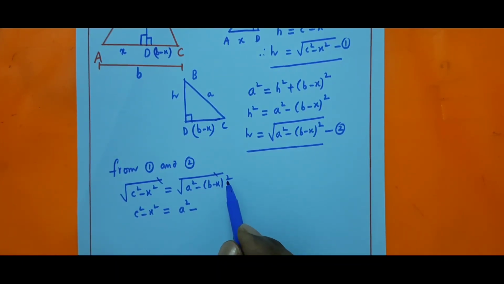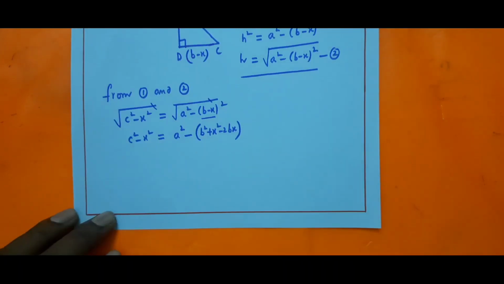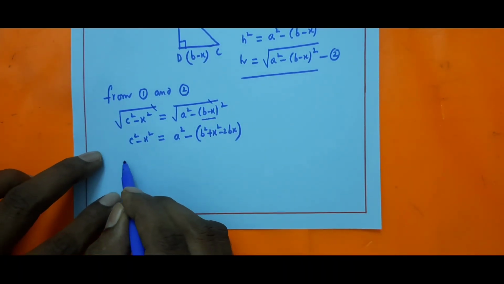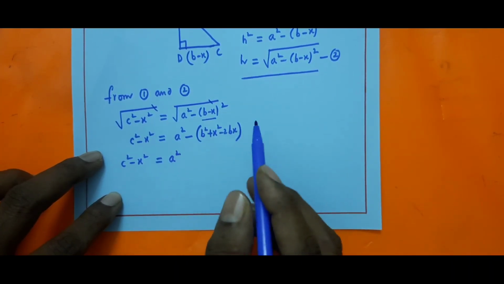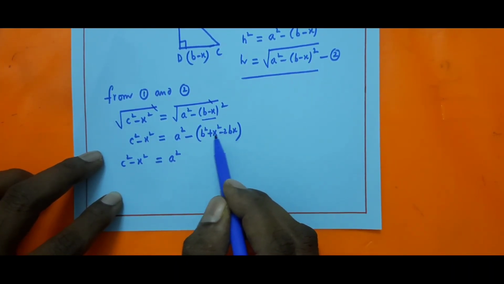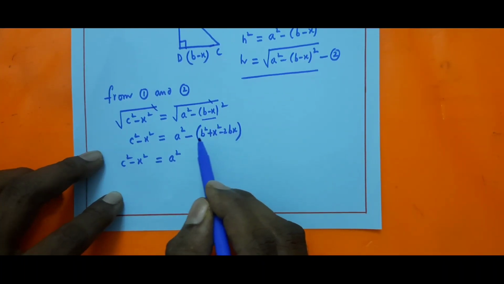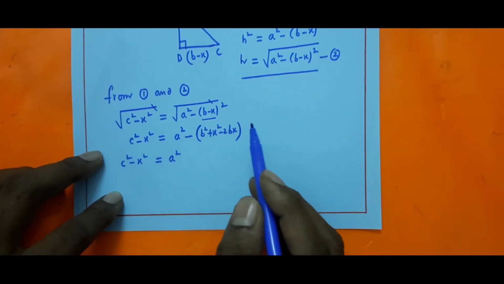This is in the form of (a minus b) whole square. You know (a minus b) whole square is nothing but a square plus b square minus 2ab. Then this (b minus x) whole square will be b square plus x square minus 2bx. Now c square minus x square is equal to a square. If you remove this bracket, the signs will be changed because before this bracket minus is there.